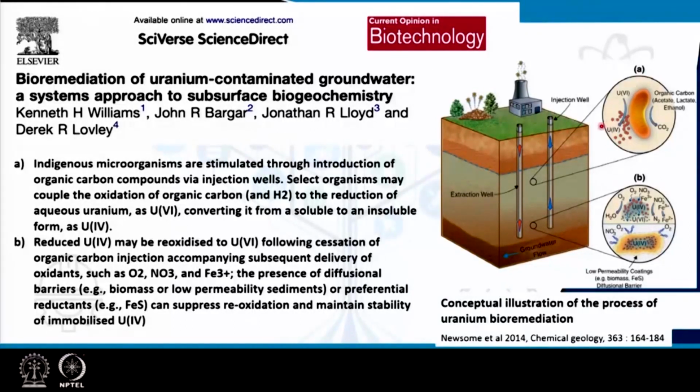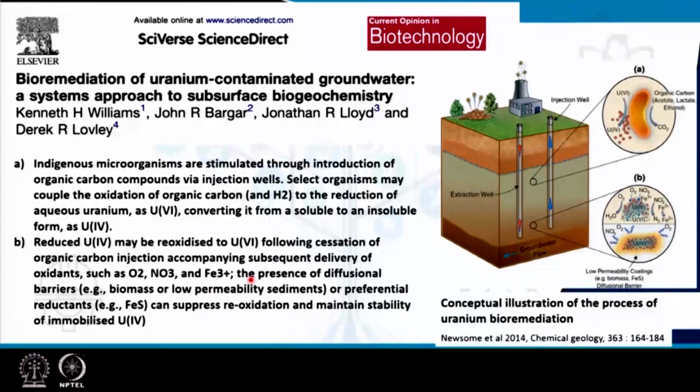Now uranium, when it is reduced, will be precipitated, but the reduced uranium may be reoxidized to uranium 6 again following cessation of the organic carbon injection, accompanying subsequent delivery of oxidants like oxygen, nitrate and iron Fe3+.